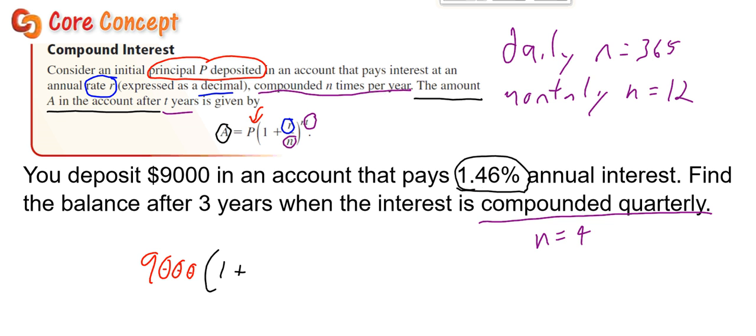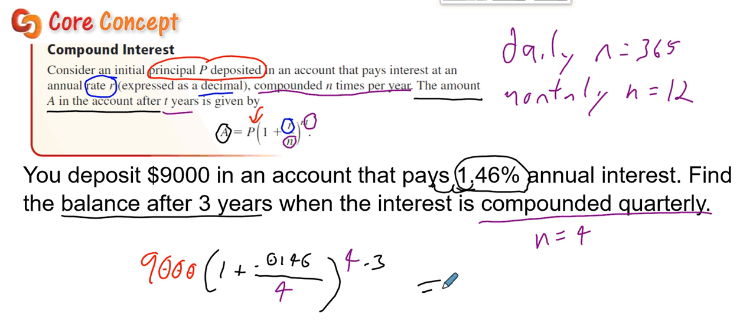As a decimal, that is 0.0146, and don't round those, divided by our N. Our N is compounded quarterly, so that's a 4. Then I have to do 4 again, so the N appears twice, and that power is multiplied by how many years we want to find the balance. So after 3 years, how much will we have in this account?